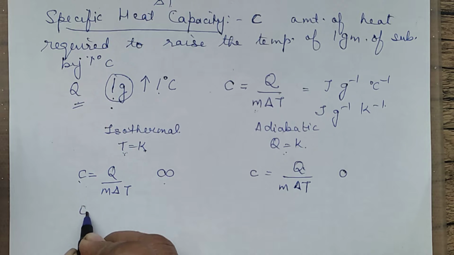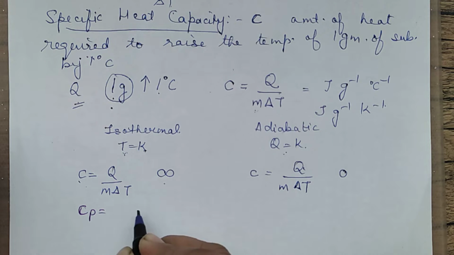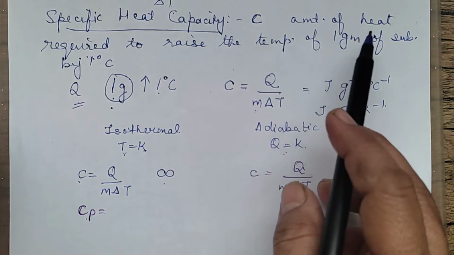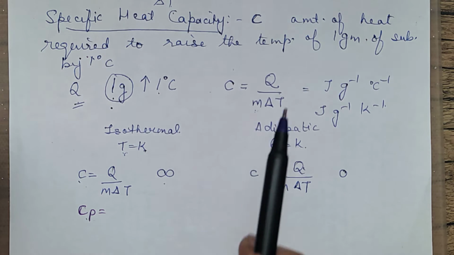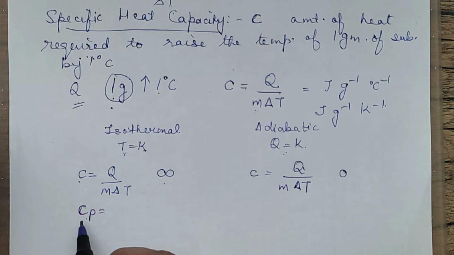Say we measure the specific heat capacity at constant pressure. The amount of heat required to raise the temperature of 1 gram of a substance by 1 degree Celsius at constant pressure, we will represent with Cp.